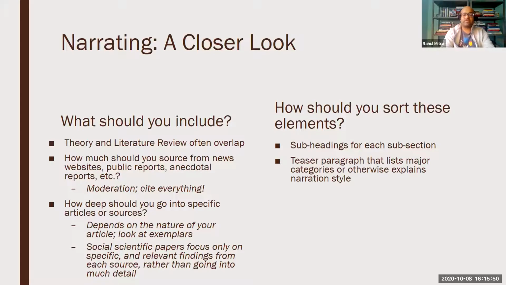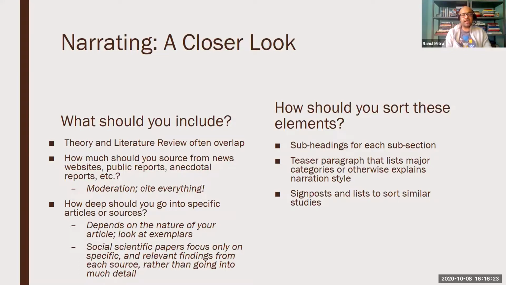Teaser paragraphs are also really helpful after each subheader, because this lists the major categories or otherwise explains the narration style that you are going to adopt in your different subsections of your literature review. So as soon as you start a new subsection right after the subheader, include this teaser paragraph that maybe just previews what your major themes are going to be of your research review, and how you're going to organize this.